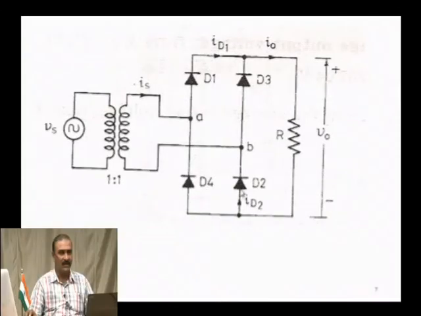Common anode terminals D4 and D2, this is common cathode, common anode terminals, forming the output which is connected to a resistive load circuit. So, this is an uncontrolled bridge rectifier which you have studied already, and remember you have to connect this to a DC output, and these are the input AC.